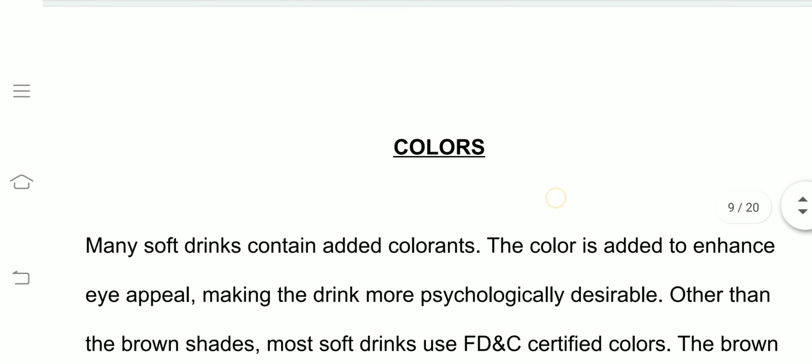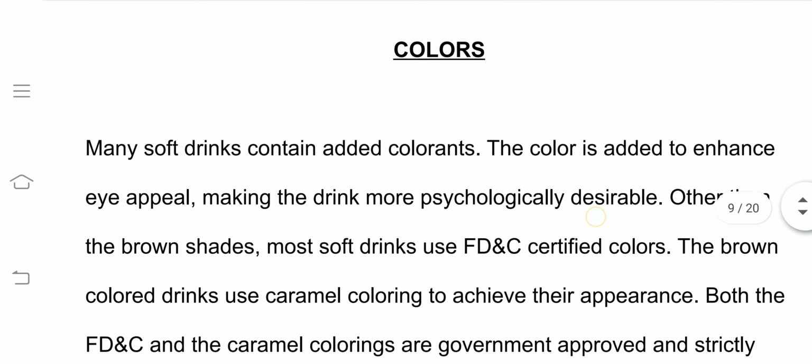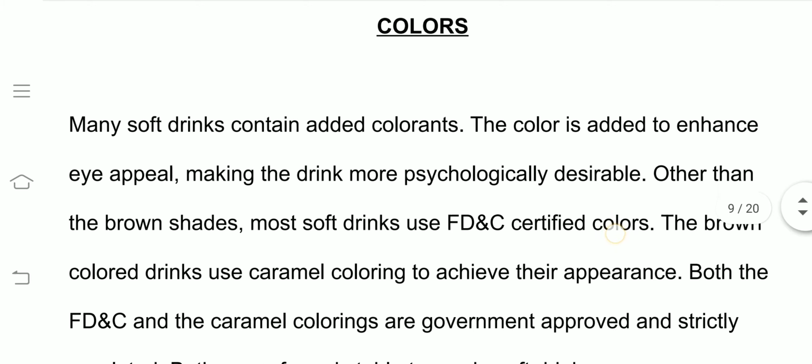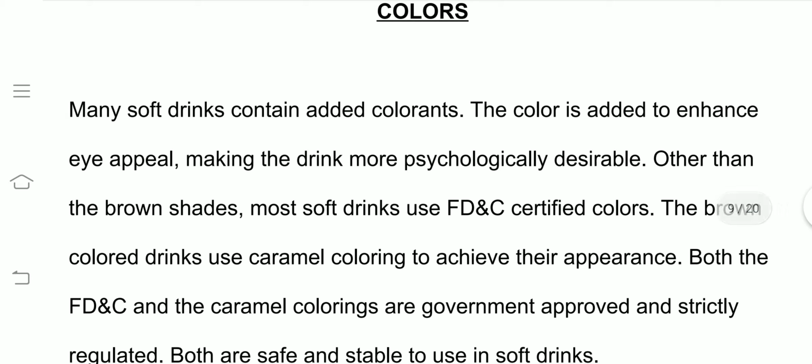Now, the next ingredient is color. Many soft drinks contain added colorants. The color is added to enhance eye appeal. As we know, first we eat or consume the product by eyes.